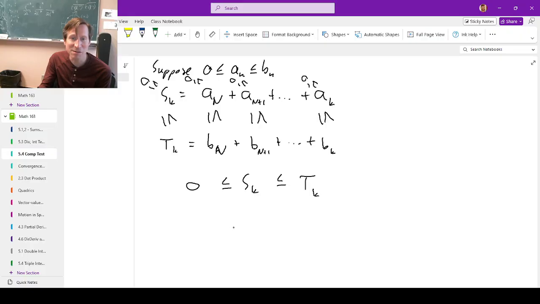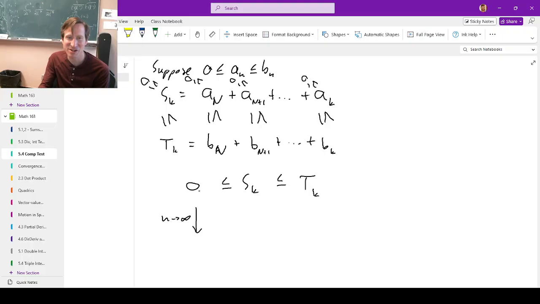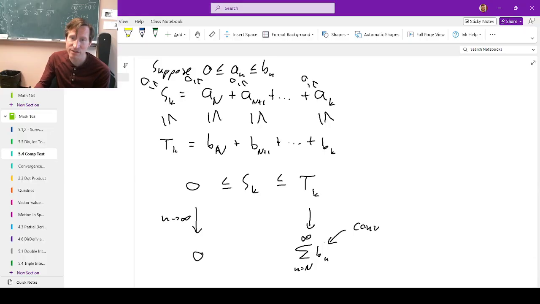Now we take the limit as k goes to infinity. Well, the limit of 0 is just 0. The limit of T sub k, well, that's the sum from n equals capital N to infinity of b sub n. And remember, we assumed that this converges.